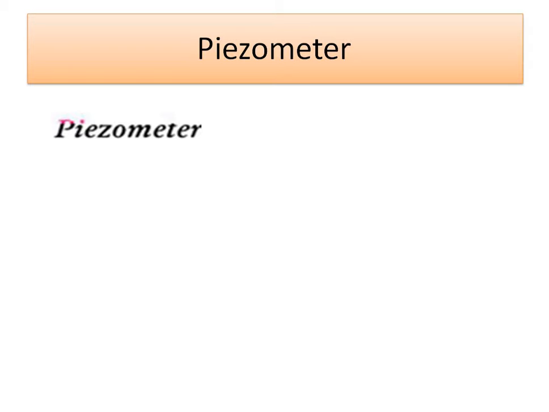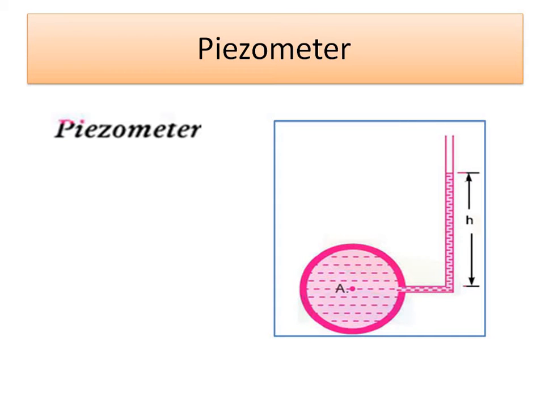In a simple manometer, we will first see the piezometer, which is used for the measurement of pressure. A piezometer is a simple vertical tube connected to the device whose pressure we want to measure, and with the help of the height difference it is possible to measure the fluid pressure.